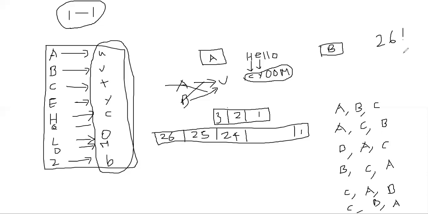What is 26 factorial approximately? 26 factorial turns out to be approximately 4 times 10 to the power of 26. Let's assume 10 is approximately 8, just to make it a power of 2. So it's 2 to the power 2 here, and here 2 to the power 3, which means 2 to the power 78 already, which is a large number.